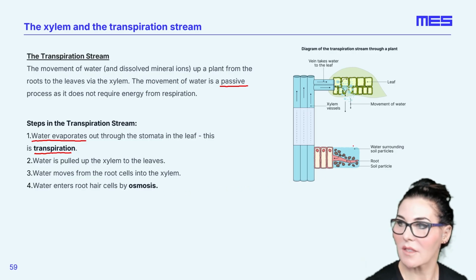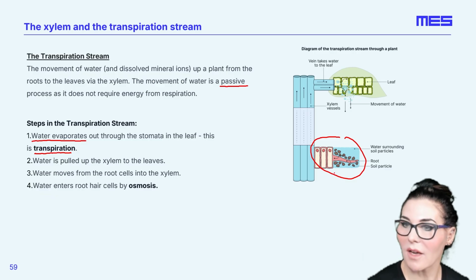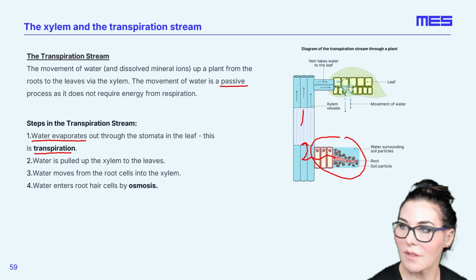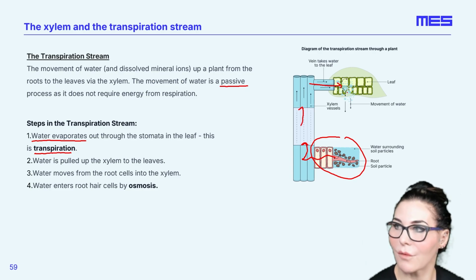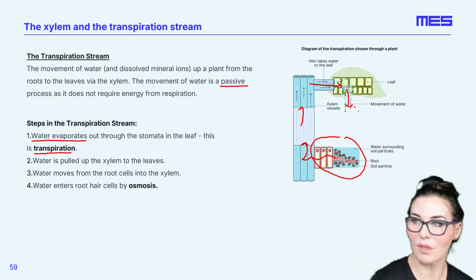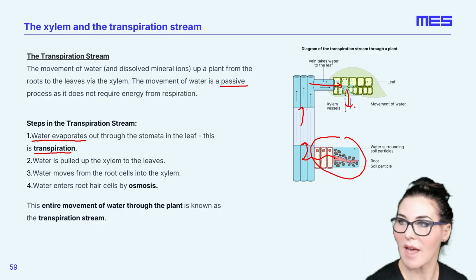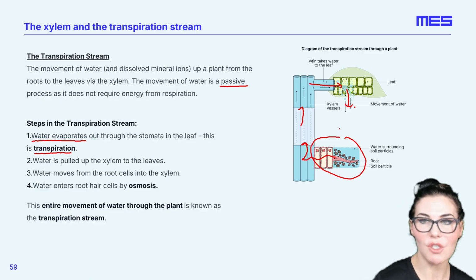We can see here this is our root area, our root hair cell. Water will be coming into the roots via the process of osmosis to replace the water lost. So as that comes in, it'll be pulled upwards, pulled across the leaf, and then out through the stomata. This whole movement right through the plant, from the roots up the stem and out through the leaves, is called the transpiration stream.